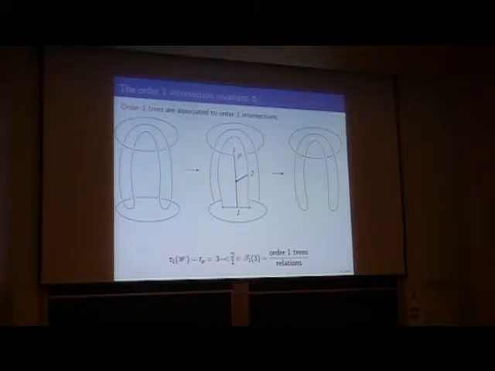So, some of you probably are familiar with computing the triple linking number this way. So again, the Whitney tower was the disks bounded by the link components, and then together with this one Whitney disk, and we associated an order 1 tree to that intersection point. And so it looks like this.